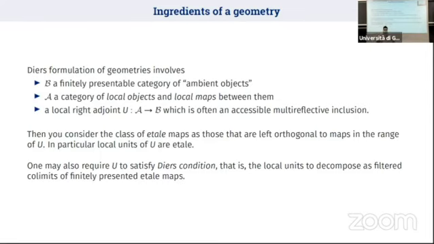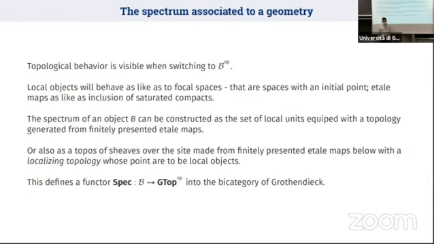You may also require additional properties, but what I am interested in is the kind of geometric-like behavior that is hidden in the opposite category of ambient objects. Because local objects will behave, in some sense, as local spaces, that are spaces with an initial point, and étale maps will behave a bit like inclusions of saturated compacts.